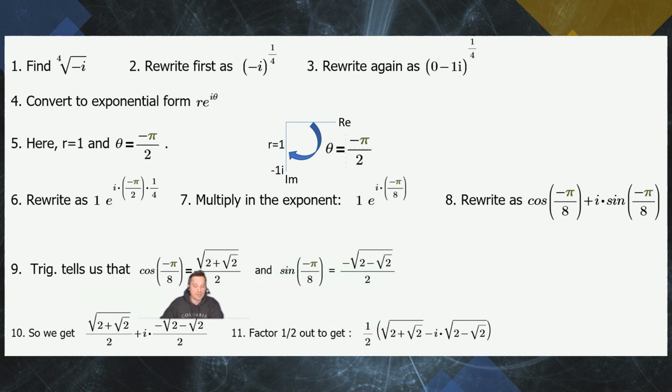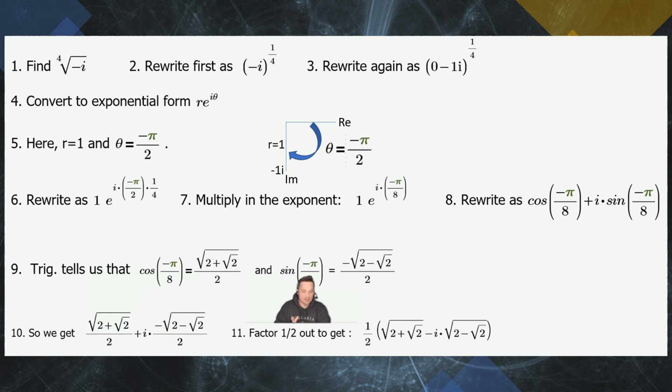At step 10 below me I am replacing cosine of negative pi over 8 with the square root of 2 plus the square root of 2, over 2, plus i, and then that next part becomes negative square root of 2 minus square root of 2, over 2. Lastly, notice that there's a 2 in the bottom. Dividing by 2 is equivalent to multiplying by 1/2, so you can factor 1/2 from each of those terms.